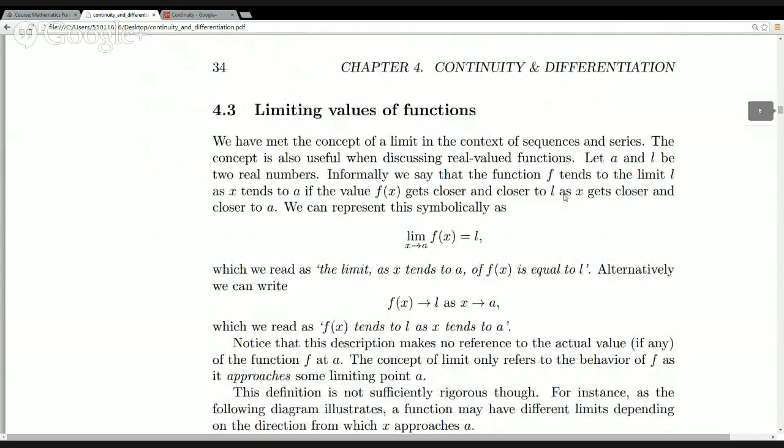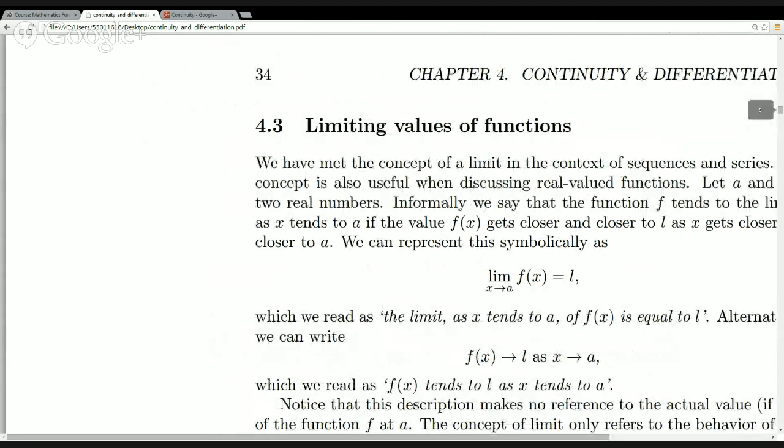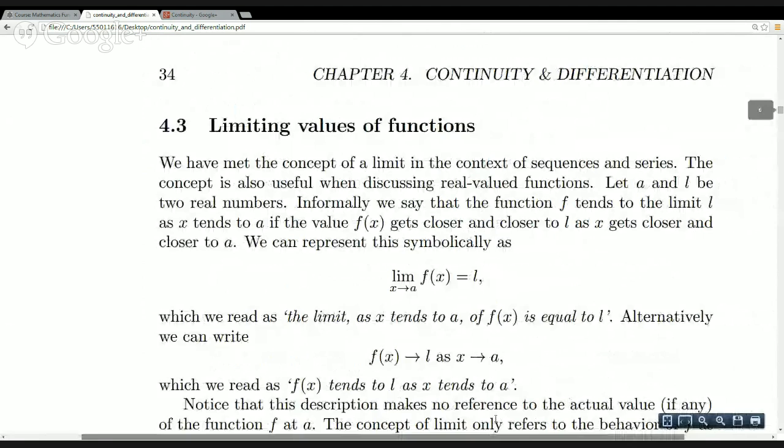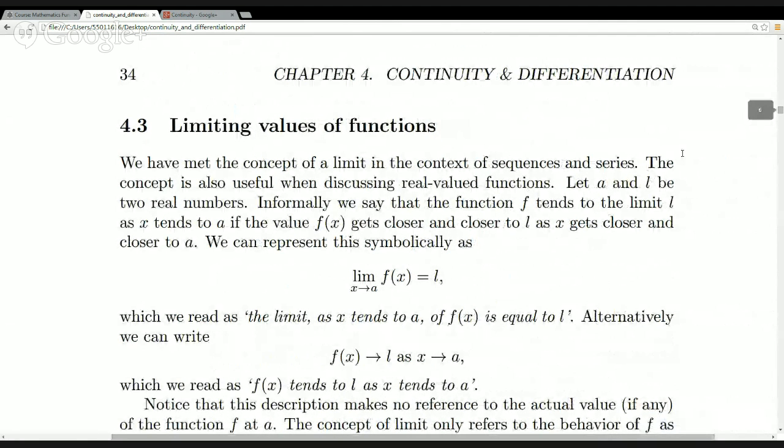So first of all, we want to talk about limiting values of these functions. We've looked at limits in the case of sequences and series, and the same concept passes through to talking about functions.